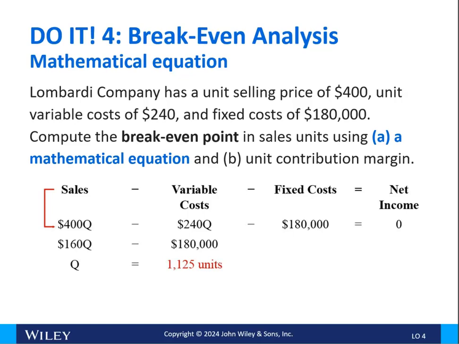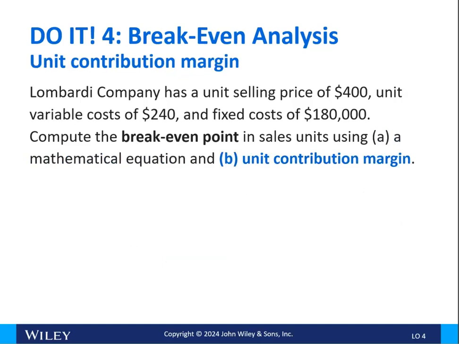It's going to equal 0. $160 is our contribution margin per unit times quantity minus our fixed costs of 180,000 gives us a quantity of 1,125 units. So that's our break-even point using the mathematical equation.